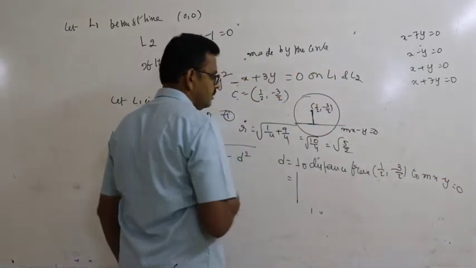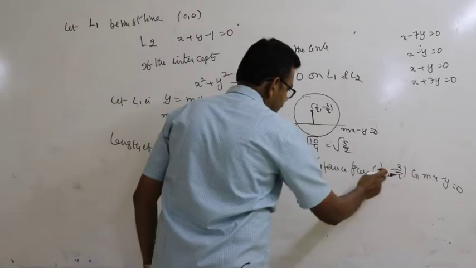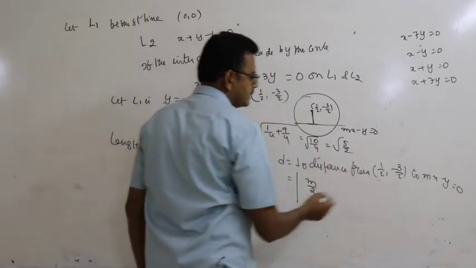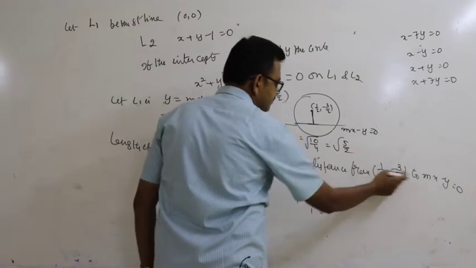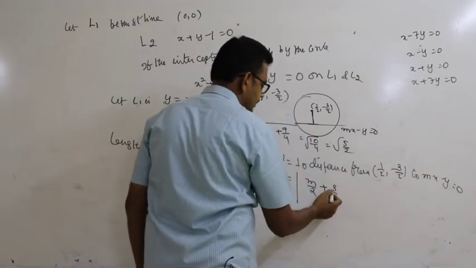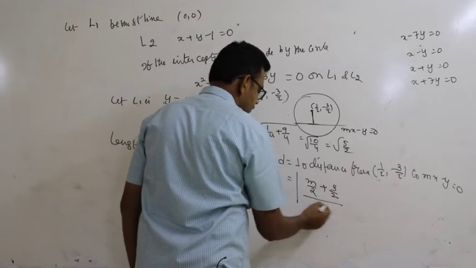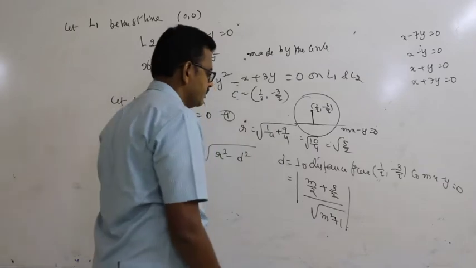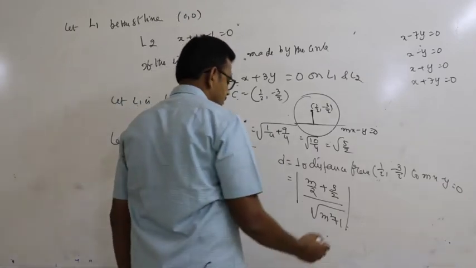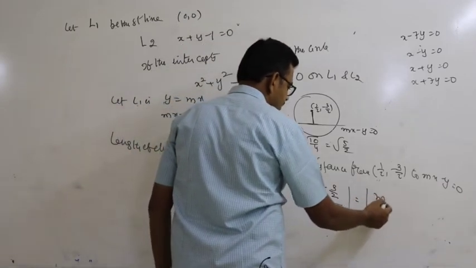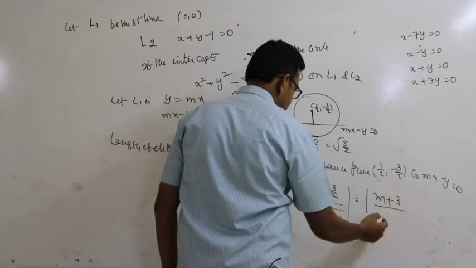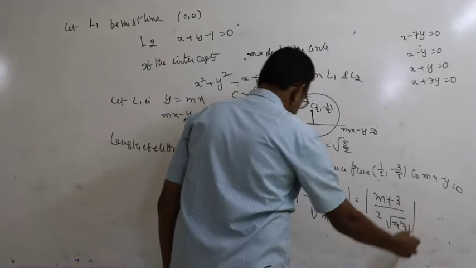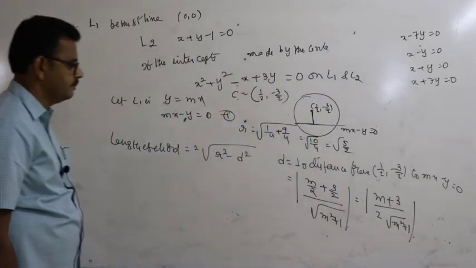That equals mod of m by 2 plus 3 by 2 divided by root of m square plus 1. So this is equal to mod of m plus 3 by 2 into root of m square plus 1.